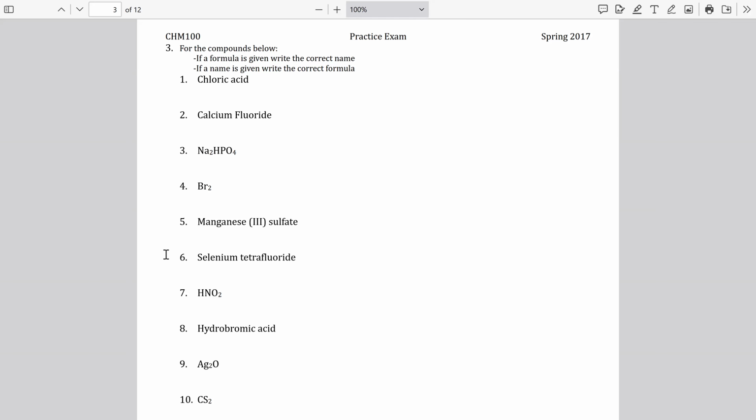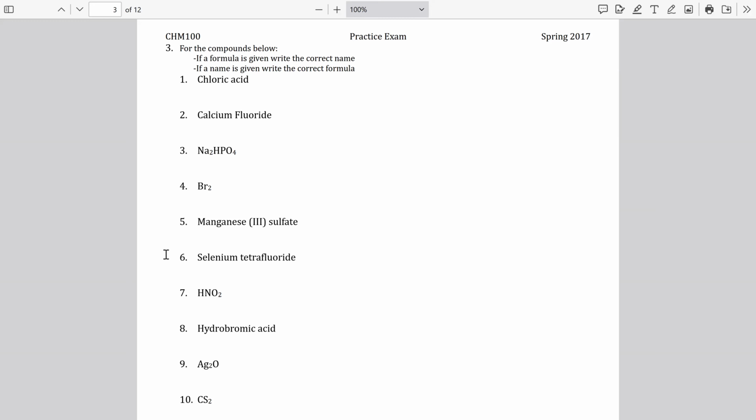And then half a point is actually giving me the name of the formula. Study that. Yeah, so if you go back to lab 6, that nomenclature lab, and that whole last 2 pages was basically what type of compound it is, and then what's the name. I'm going to make it look just like that.